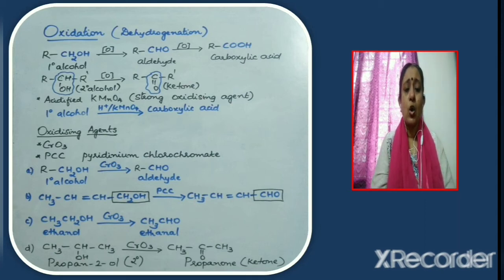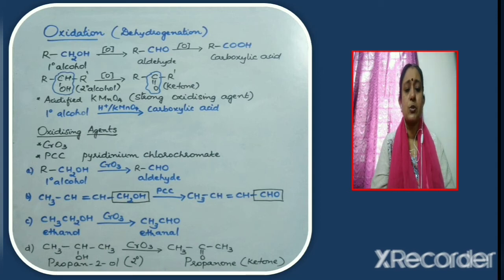A primary alcohol, when oxidized using a strong oxidizing agent like acidified potassium permanganate, gives a carboxylic acid. If the oxidizing agent used is chromium trioxide or pyridinium chlorochromate, that is PCC, a primary alcohol gives aldehyde.